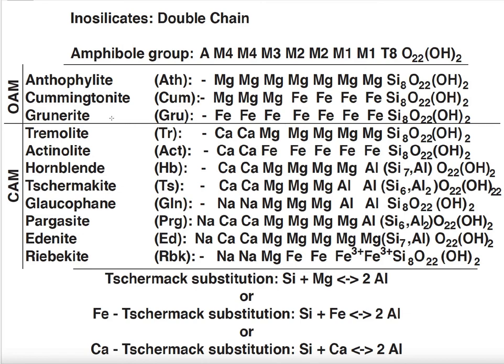So here in these examples I have shown you now also the Tschermak substitution, which is silica plus magnesium becoming replaced by 2 aluminium. But of course you can have also an iron Tschermak substitution. Then you are replacing 1 silica plus 1 iron with 2 aluminium, or you can have a calcium Tschermak substitution. Then you are replacing 1 silica plus calcium with 2 aluminium.